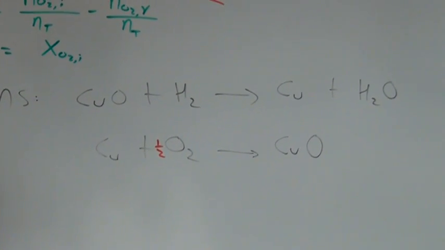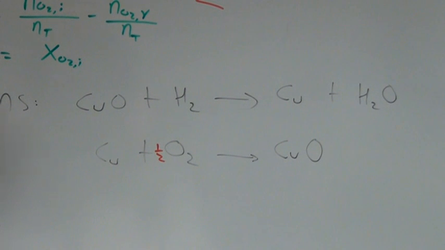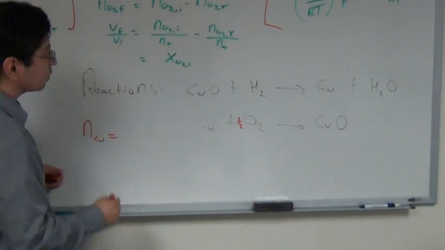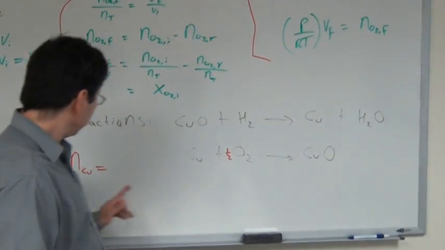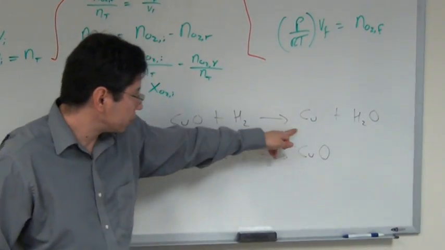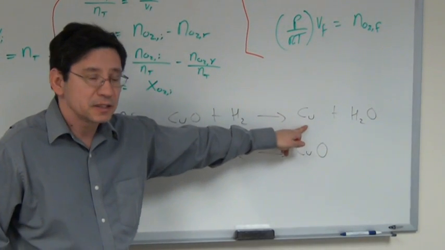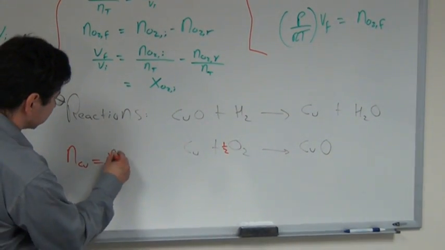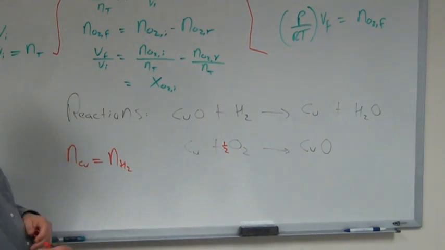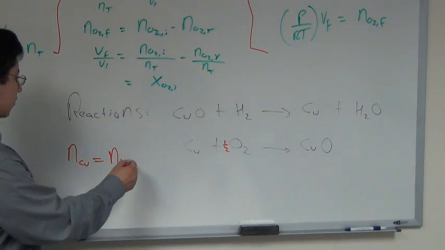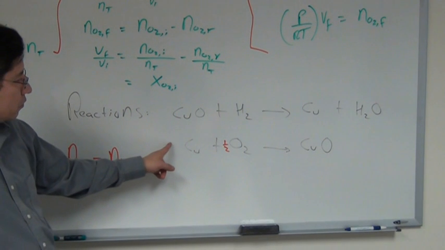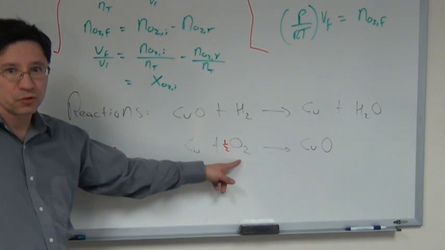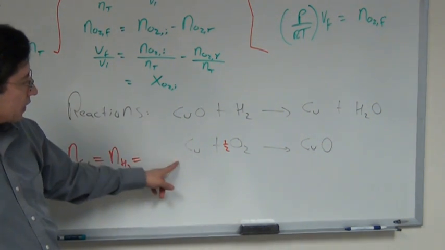Right? So now you see that the number of moles of copper produced in this step is equal to the number of moles of hydrogen present. And it's also equal to twice the number of moles of oxygen used for the second reaction.